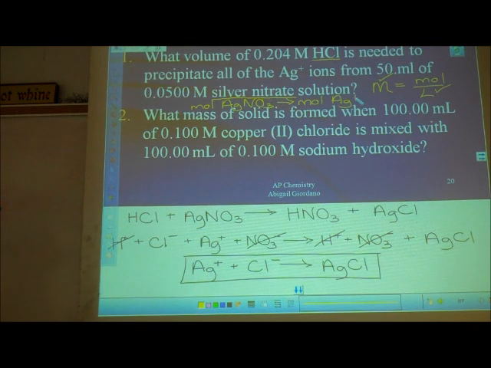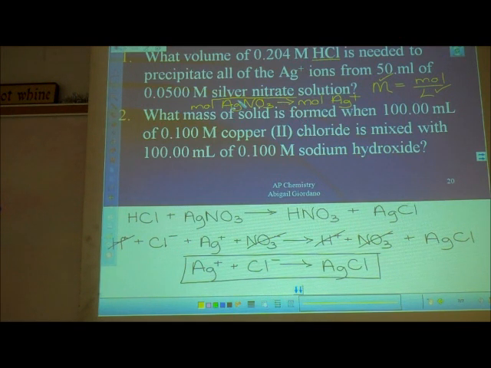So, ladies and gentlemen, I'm just plotting out a plan for how I want to do this problem. When you're using a net ionic equation, you've got to always ask yourself, is what's given to me actually in the equation I'm using? And if not, you need to get it there. So let's do that first.